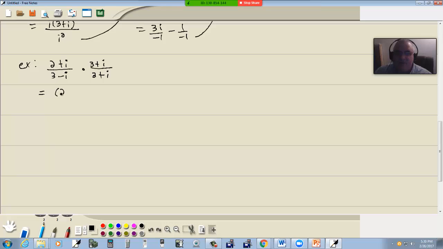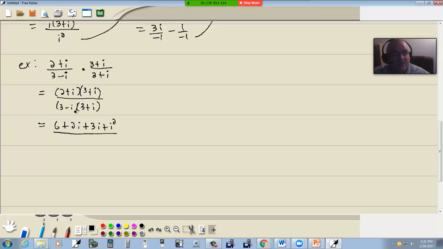So I'm going to take (2 + i) over (3 + i), and down below I'll have (3 - i) over (3 - i)... multiplying top and bottom by the conjugate. Up on top, that's just FOILing again, multiplying those together. I got 2 times 3, which is 6. 2 times i, which is 2i. i times 3, which is 3i. And i times i, which is i squared.